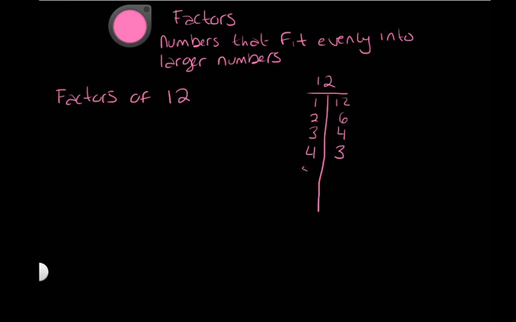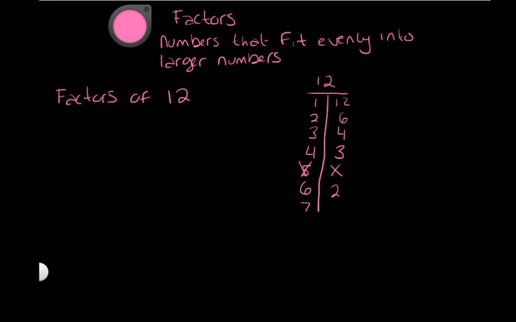What about 5? Does 5 go evenly into 12? No. So 5 is not a factor of 12. What about 6? 6 goes evenly into 12 twice. So 12 divided by 6 is 2.